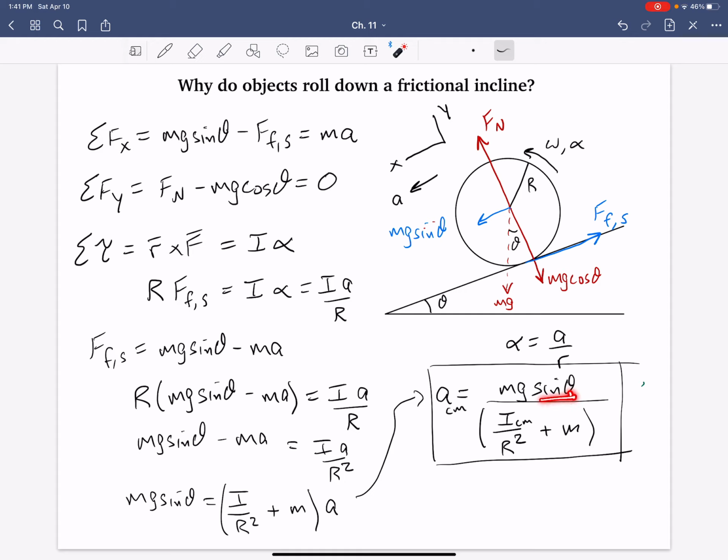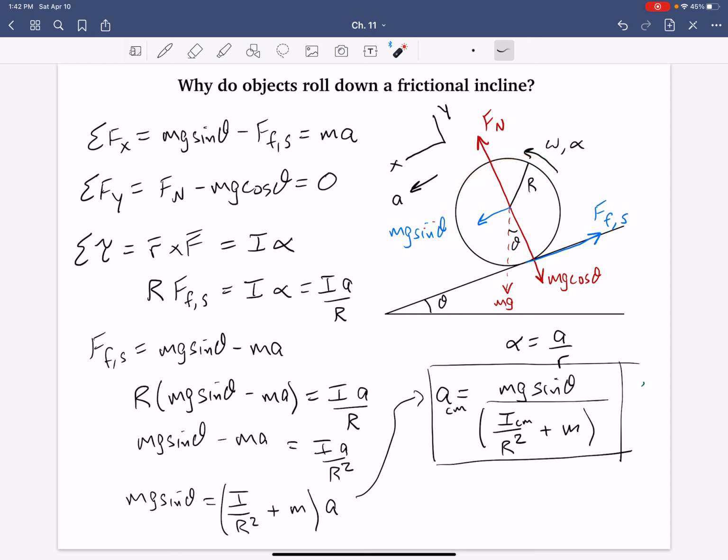Now let's say you increase the moment of inertia of this object. If it's a hoop, it should be, oh, well, let me check my notes. If it's a hoop, it's 1 times mr squared.